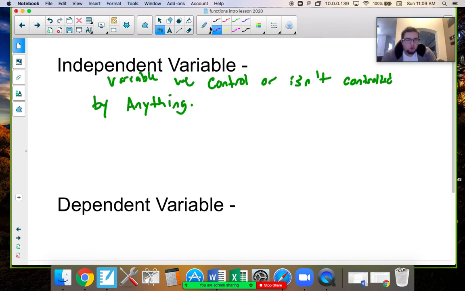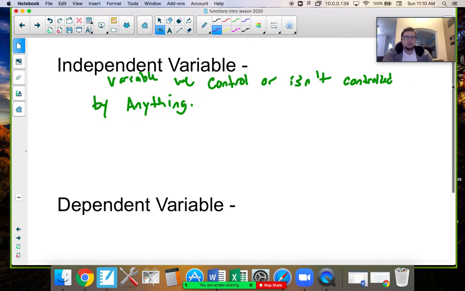So we control what happens. In a science experiment, maybe we talk about what temperature we're going to set everything to, or how much of one material we're going to put in. If you're trying to dissolve sugar into water, how much sugar are you going to put into the water? How much water are you going to have? Something that we have control over.